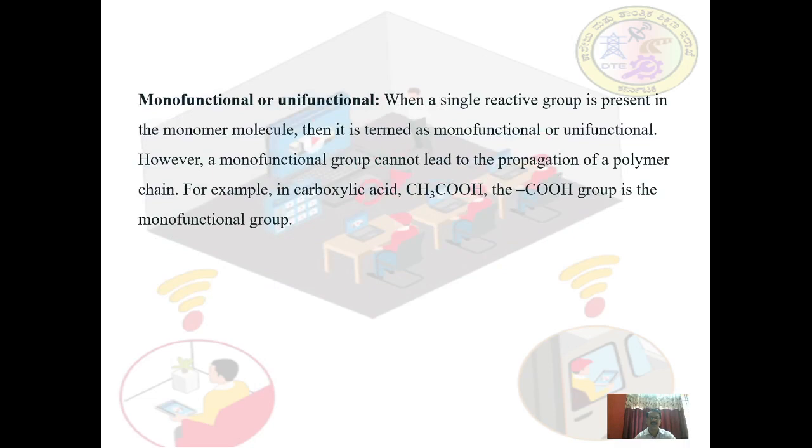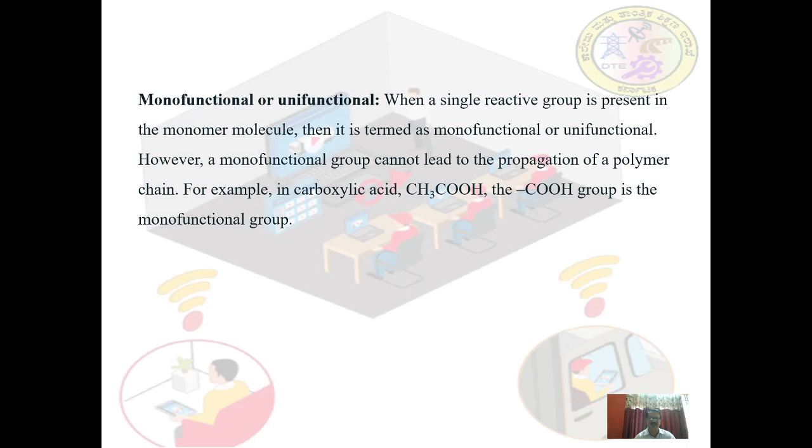Monofunctional or unifunctional monomers. When a single reacting group is present in the monomer molecule, then it is termed as monofunctional or unifunctional. However, a monofunctional group cannot lead to propagation of a polymer chain.